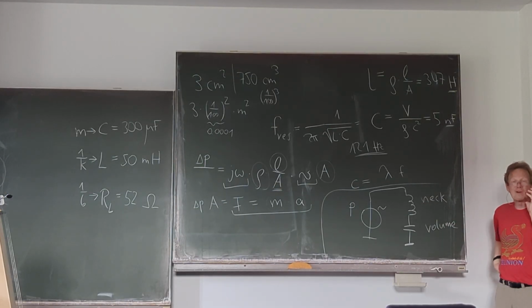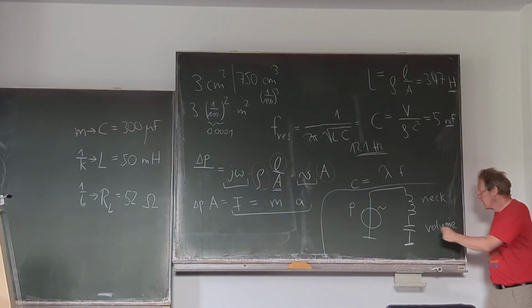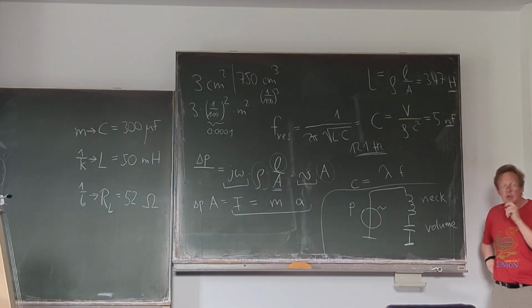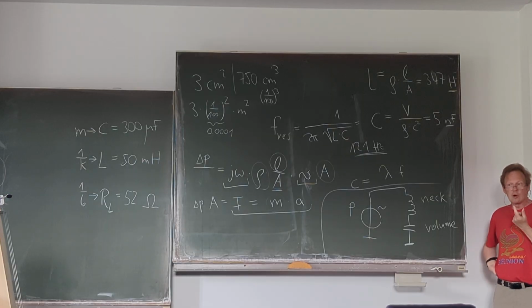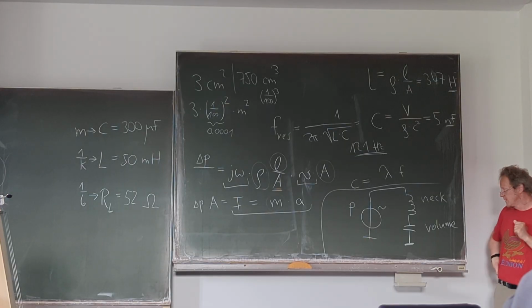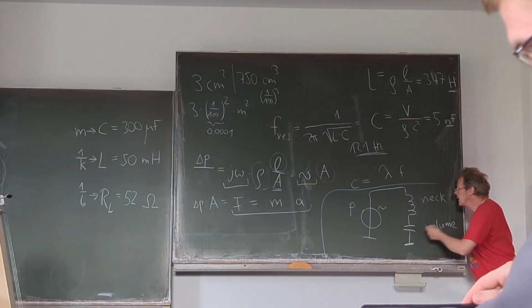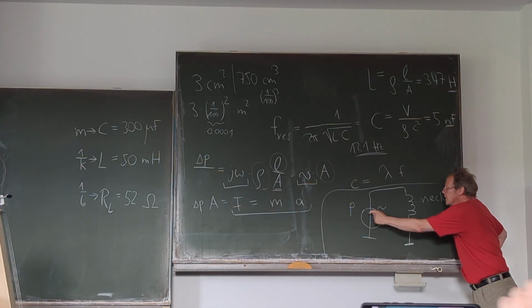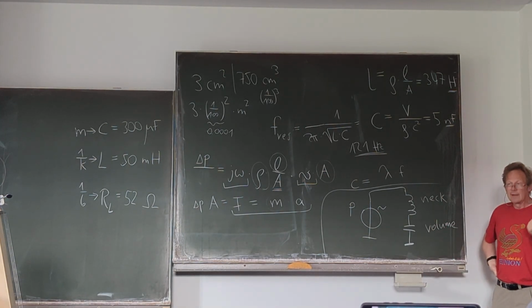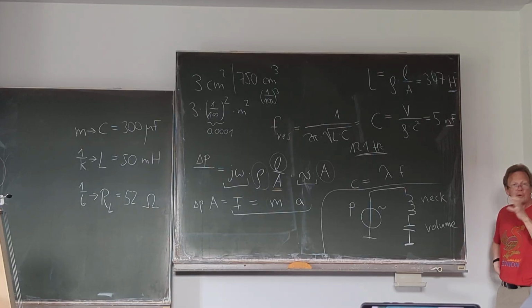So only for the resonant frequency, this seems to be a short circuit now, and we have serial elements, and here we can add the impedances up to 0. So for the resonant frequency, we get here an impedance of 0, and then even for a very small amplitude of a pressure, we get a high volume flux.